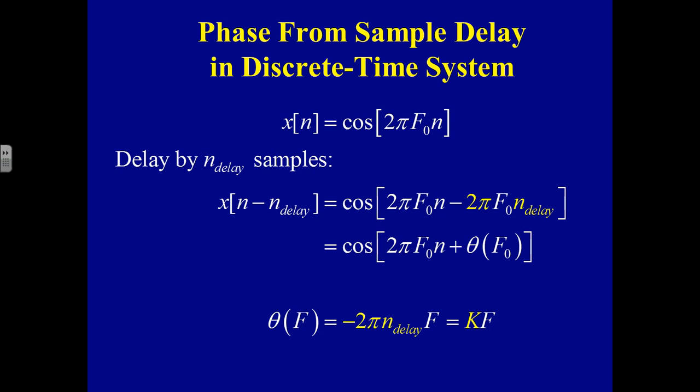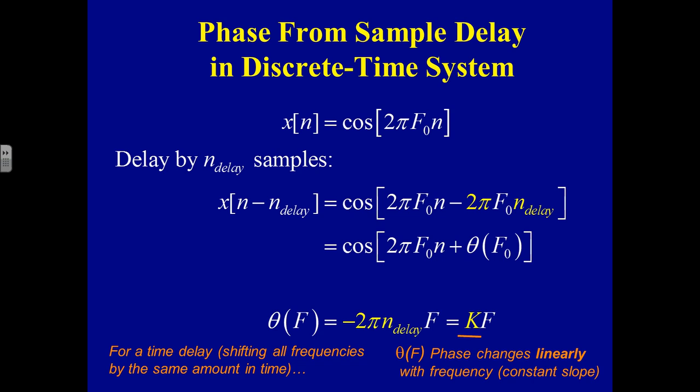And that phase term as a function of frequency is minus 2 pi n delay times f, frequency. And 2, pi, and n delay are just constant values. So we have a phase function that relates to frequency through some constant k. And we have a linear relationship between phase and frequency that's introduced whenever we introduce a delay in a signal.